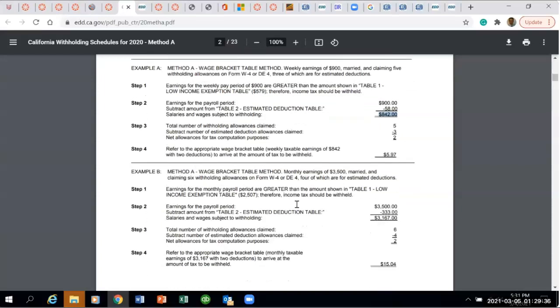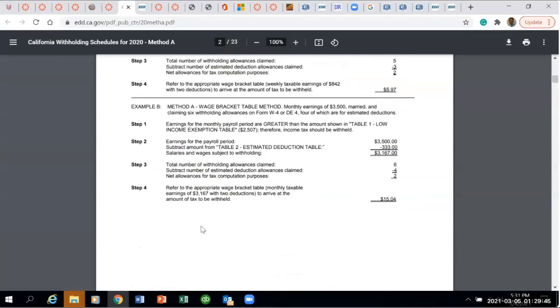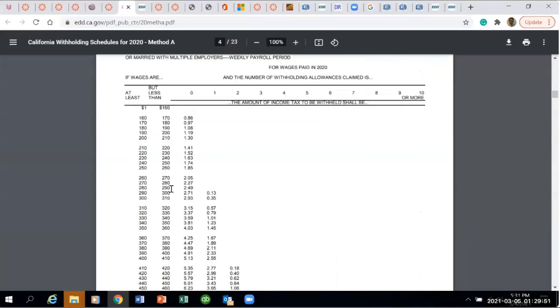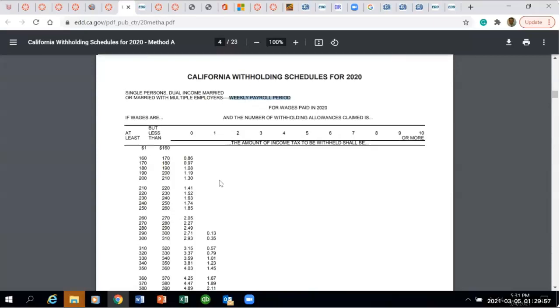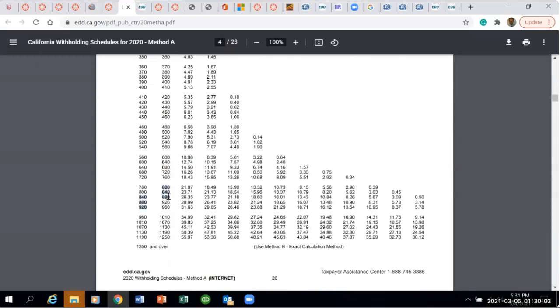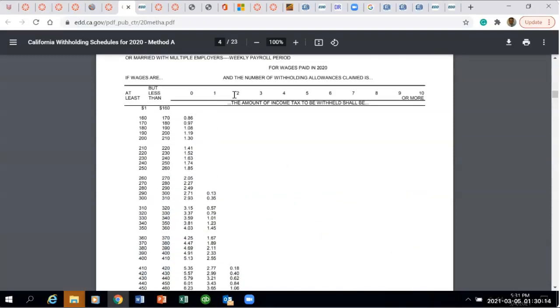So let's go. This is married weekly, $842, 2 allowances. You see that? Weekly, 842 falls in here, between 840 and 860. So that line.